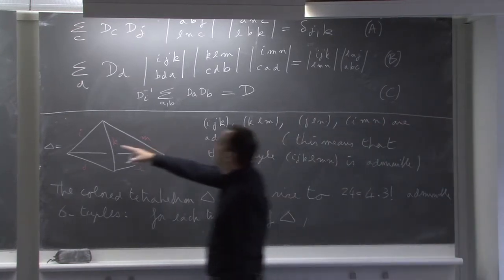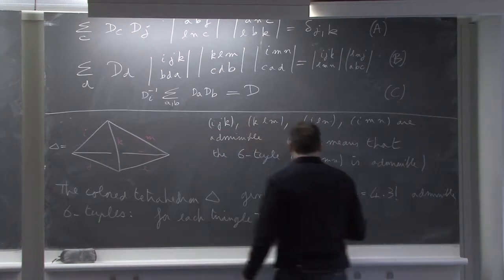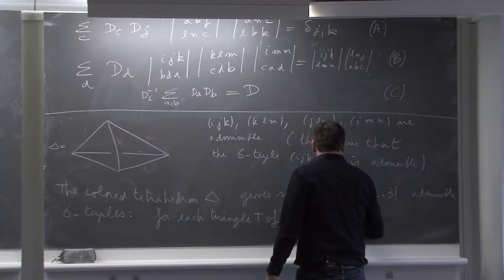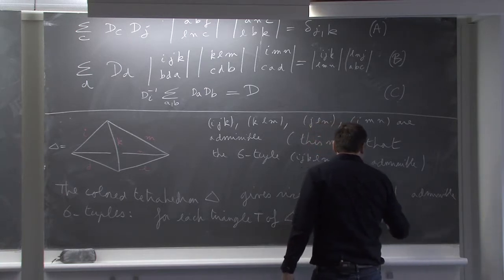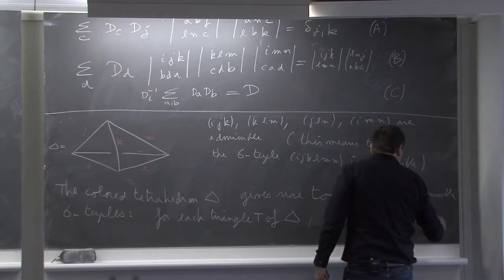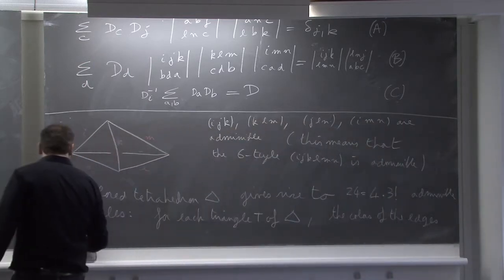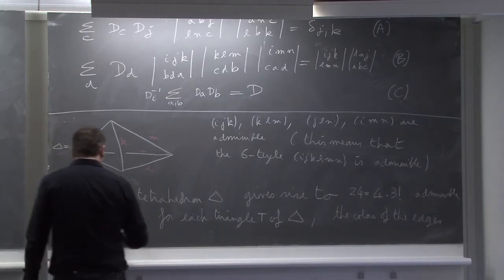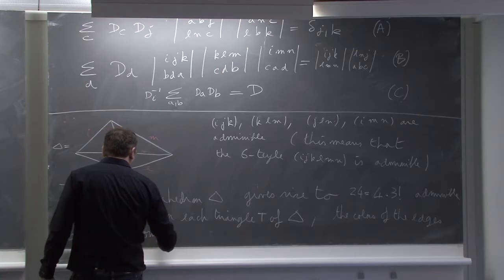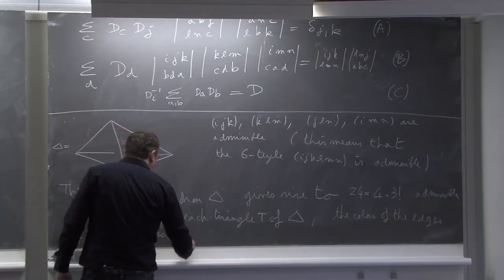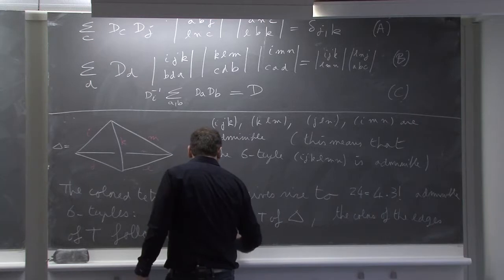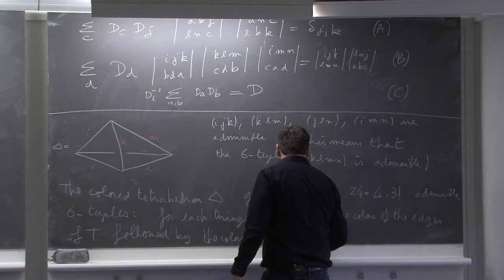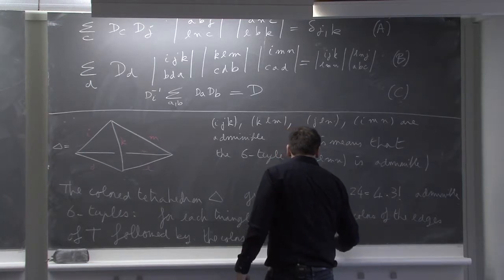So you take the color of the edges of T followed by the colors of the opposite edges.